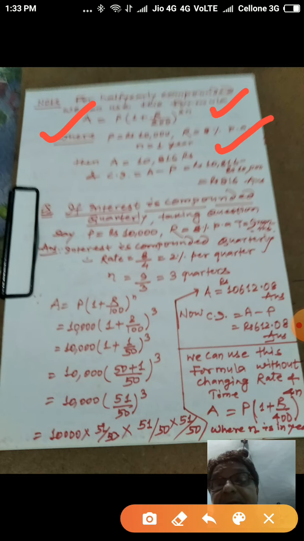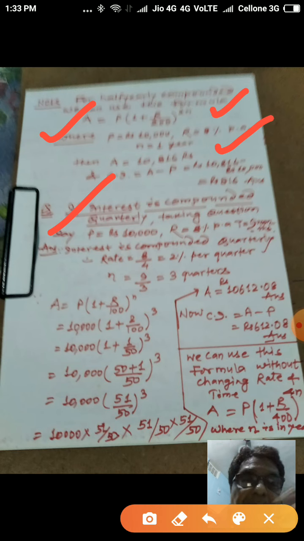Now the other condition is when it is written in the question that interest is compounded quarterly, meaning we have to find the amount and compound interest for a given money which we are borrowing, when interest is compounded after each 3 months, that is called quarterly. So the same process you will follow.